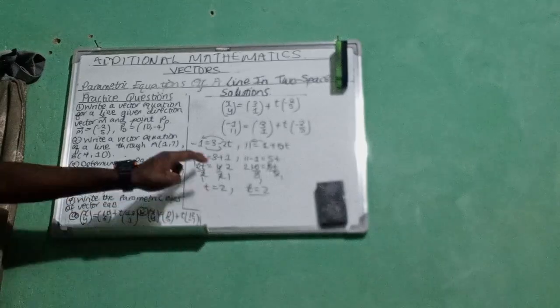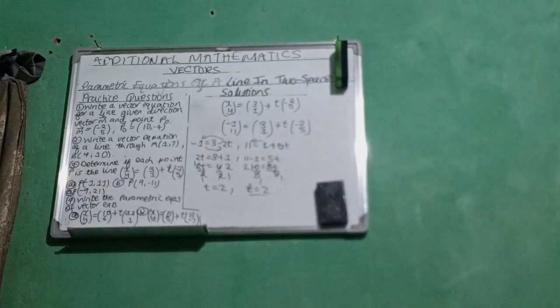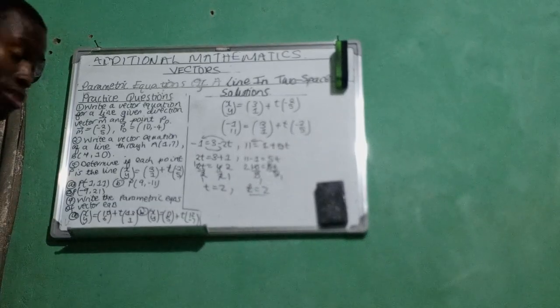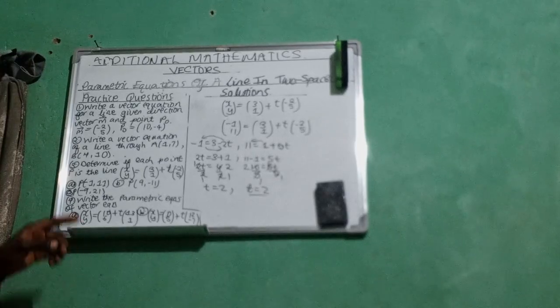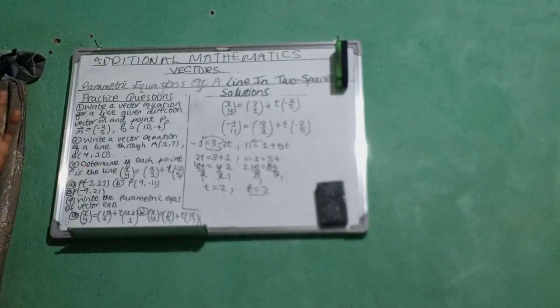You see that this equation gave us t is equal to 2, and this equation gave us t is equal to 2. Then to conclude, you say because the values of t are equal, the point (-1, 11) is on the line.